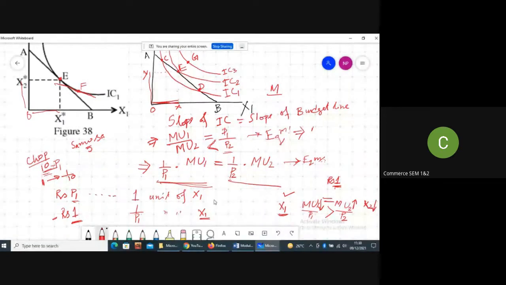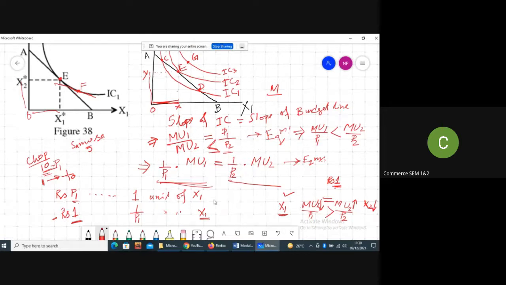So from this you can say that if mu1 by P1 is less than mu2 by P2, that means if you spend extra 1 rupee on commodity 1, you will get less utility than if you spend that extra 1 rupee on commodity 2.